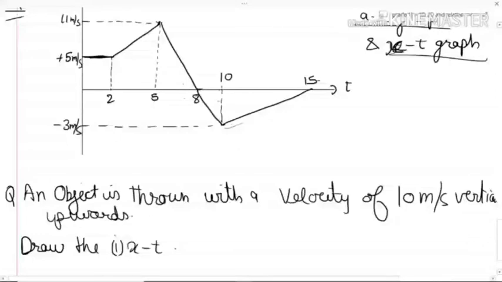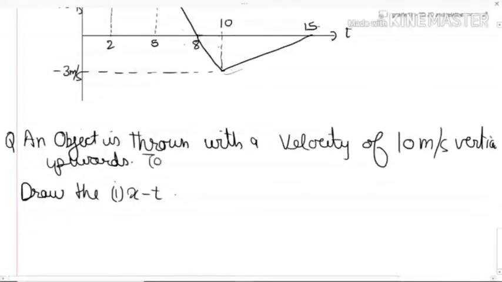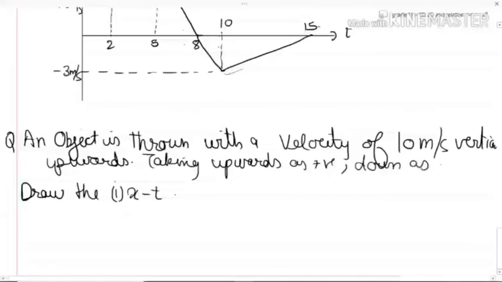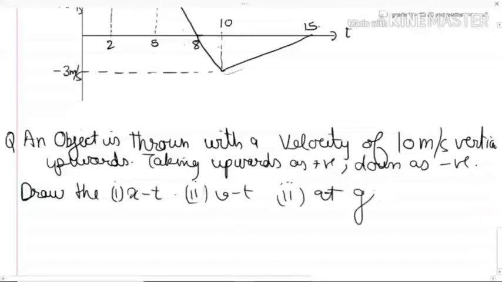Okay, full stop. Taking upward as positive and downwards as negative. Draw the xt, vt and at graph for this motion.